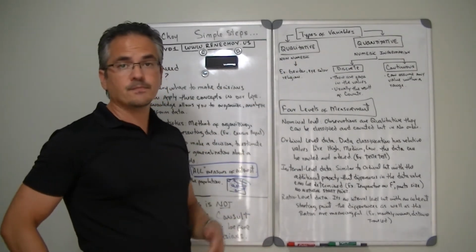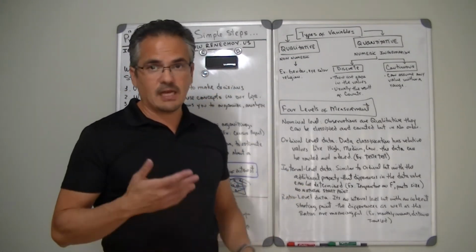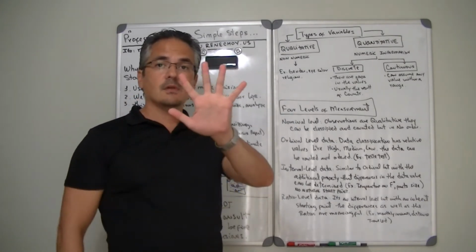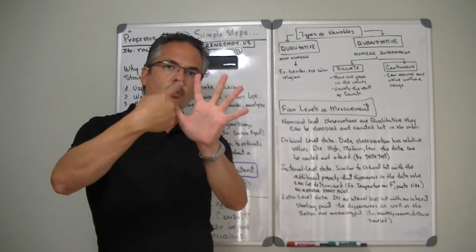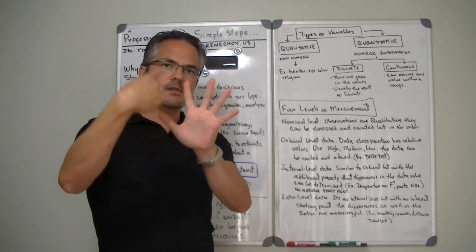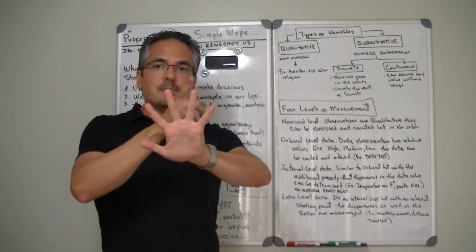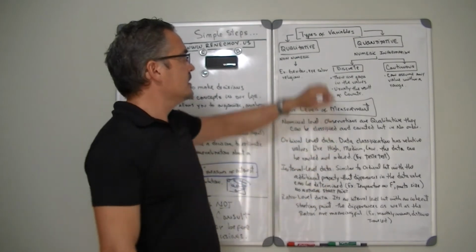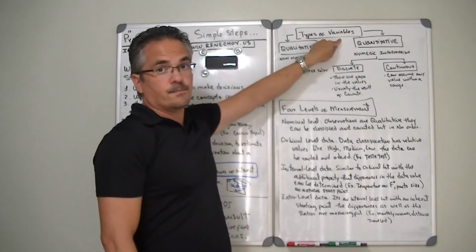For example, if I were to count how many students are in my class, I have to go 1, 2, 3, 4, 5. Okay? Now there are gaps on that count because there is no 1.1, 1.2, 1.3, or 2.5, or 3.9. So those are gaps. So a count of my students in the class is a quantitative discrete variable.